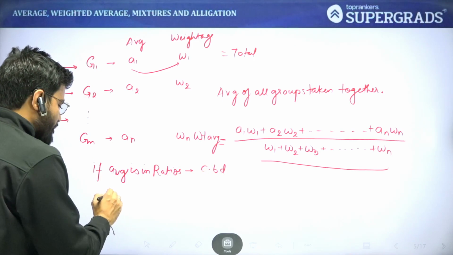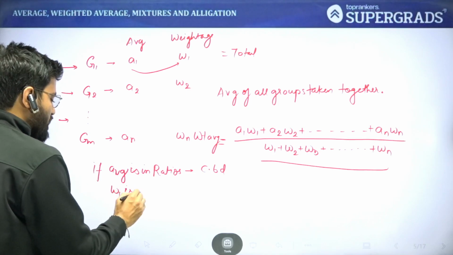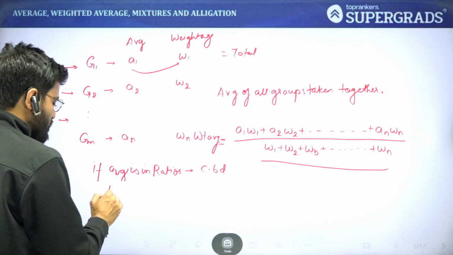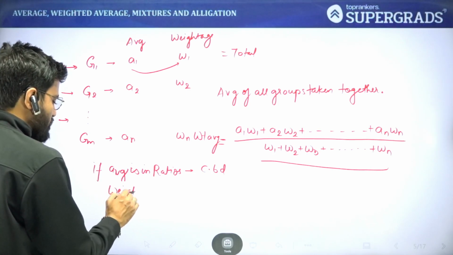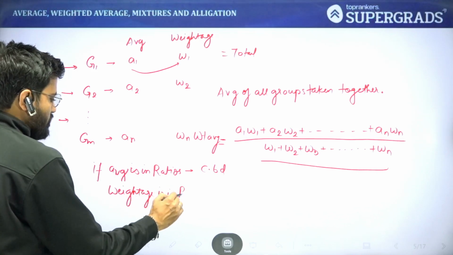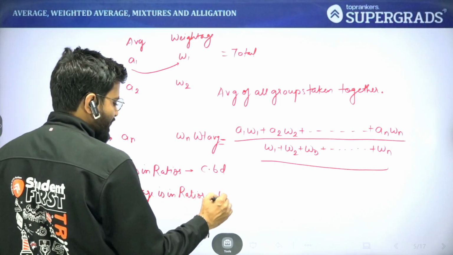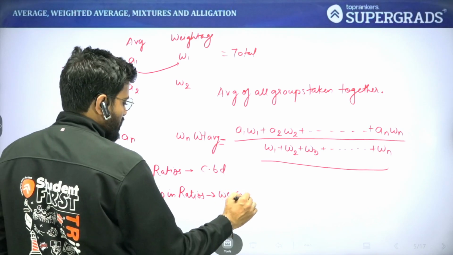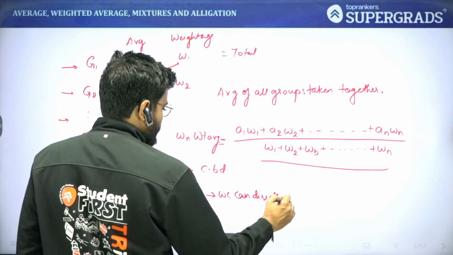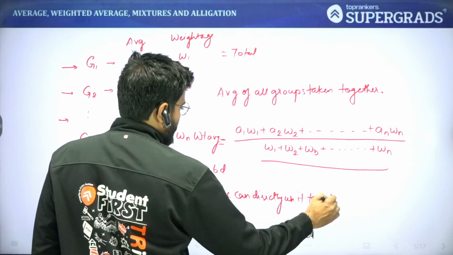And if the weightage is given in ratios, then we can directly use it to calculate the mean.